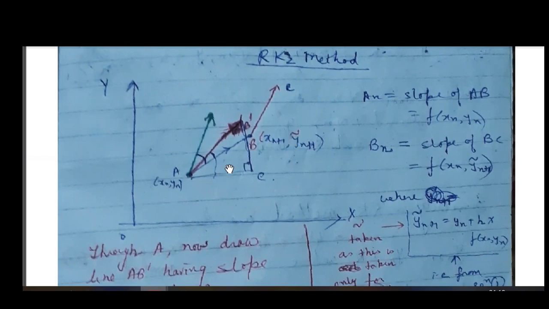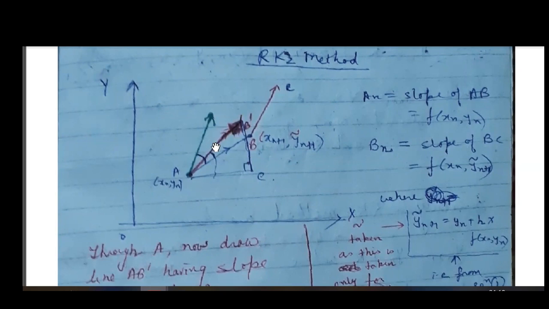So what we did here for the approximation part, or the drawing the slope part? If you compare with the Euler's, there we consider only this slope and using the right angle triangle we just calculated yn plus 1. But here we are not doing that. Here first we are drawing this, then again we are drawing another slope, then again a slope parallel to this, and then taking the half of it.